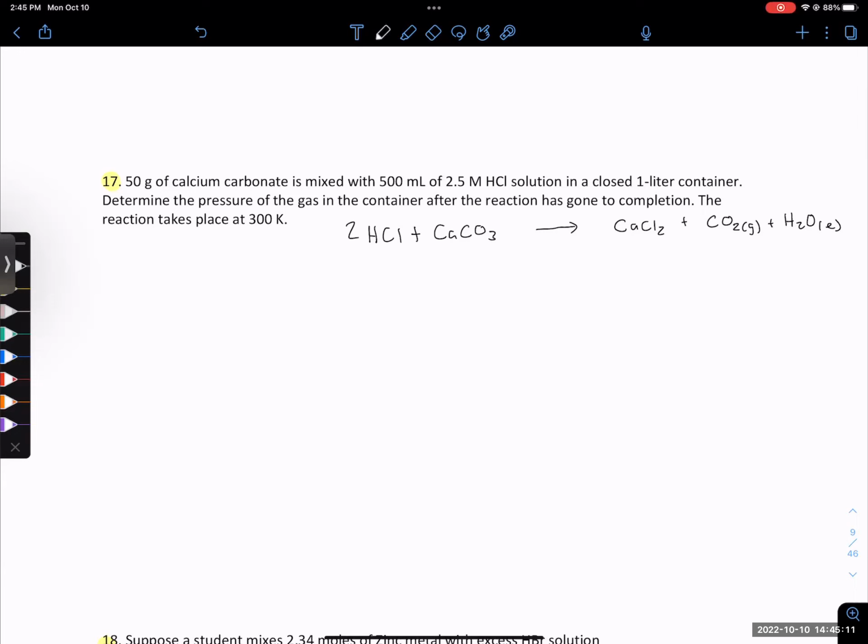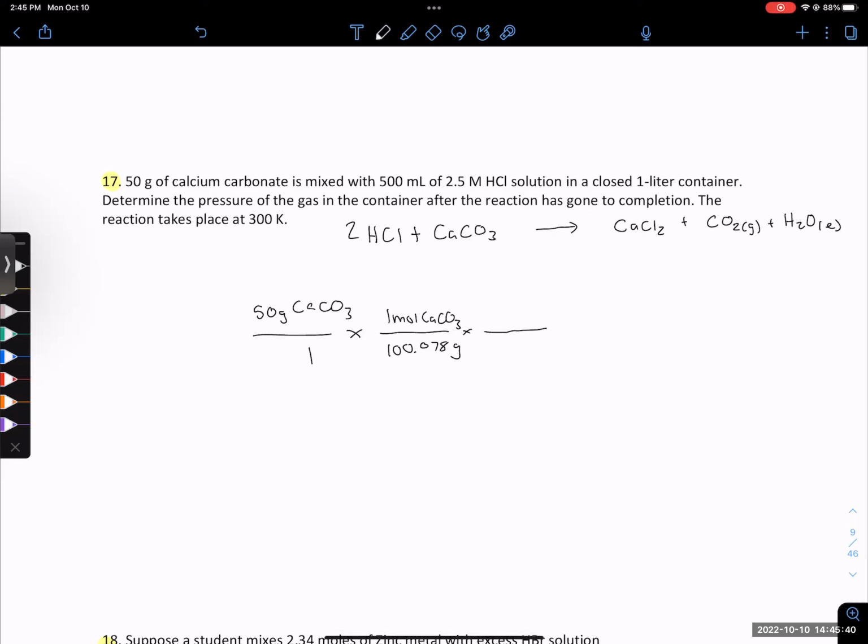Okay. So 50 grams, let's start there. 50 grams of calcium carbonate, CaCO3. What's the molar mass of calcium carbonate? It's 100.078 grams for every 1 mole of CaCO3.